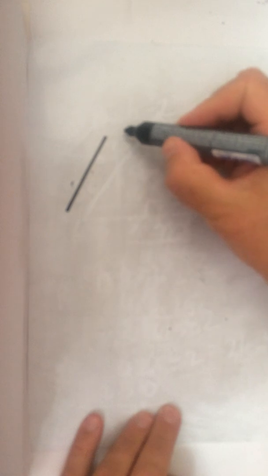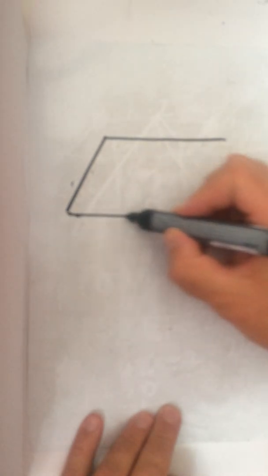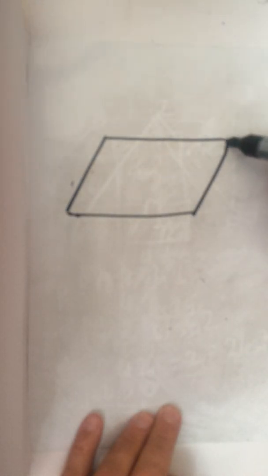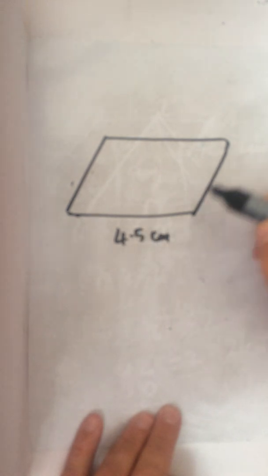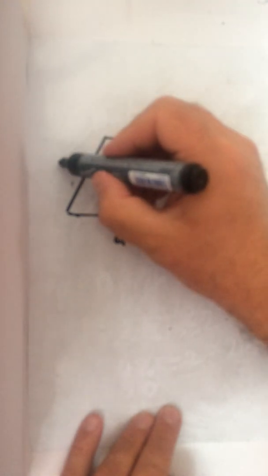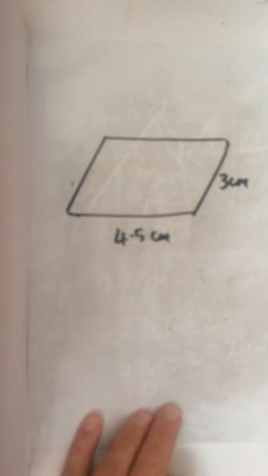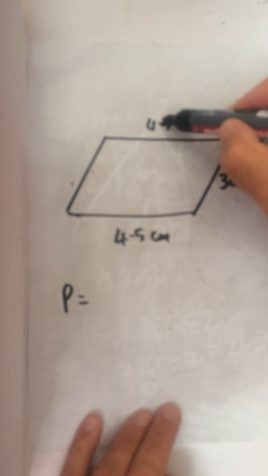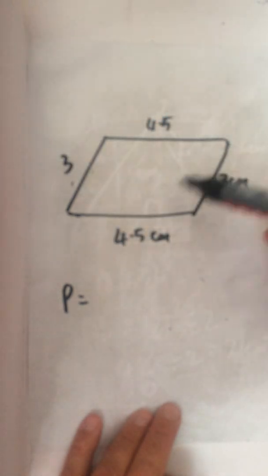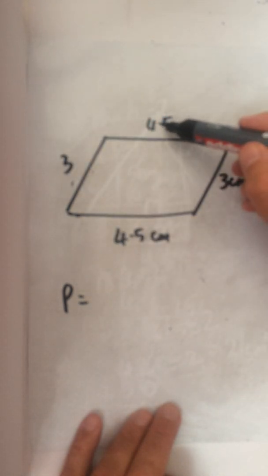Right, let's have a look at a parallelogram. Okay, so we've got that like that. So again, this could be 4.5 centimeters, and this could be 3 centimeters. Again, from here we can work out the perimeter, because remember with the parallelogram this is also going to be 4.5, and this is going to be 3, and we add them up. 4.5 and 4.5 is 9.